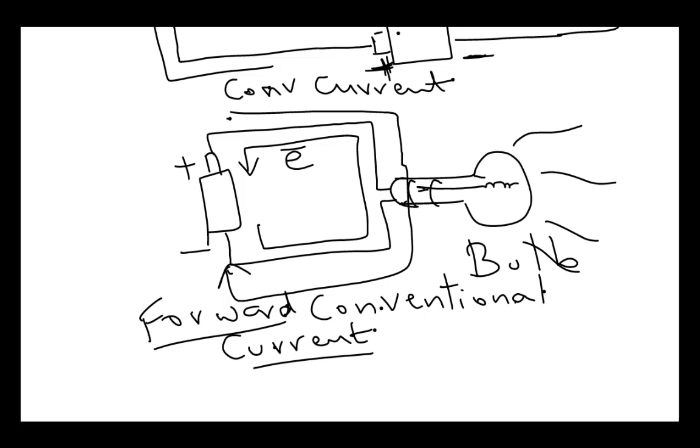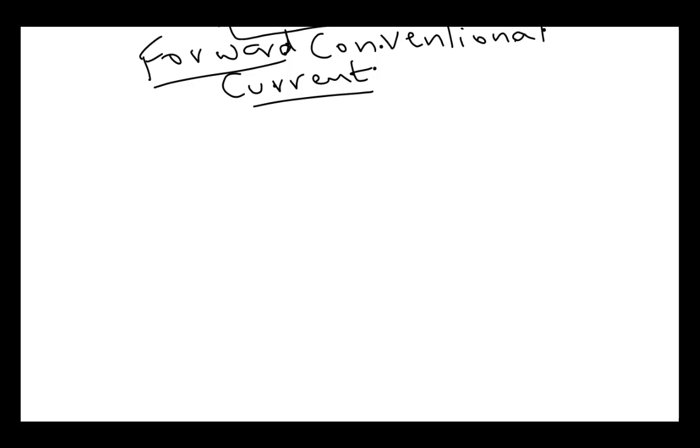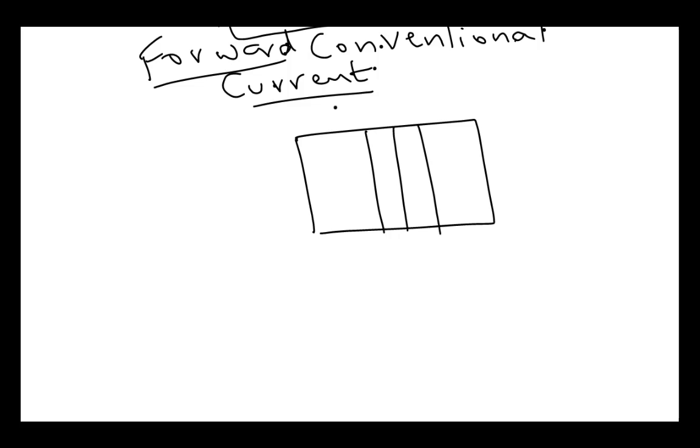Now let us see what happens when a diode is connected in reverse bias. It would be the opposite effect. This is the diode, this is my P region, this is my N region. These are the positive charges and this is the negative charge, and these are the ions.